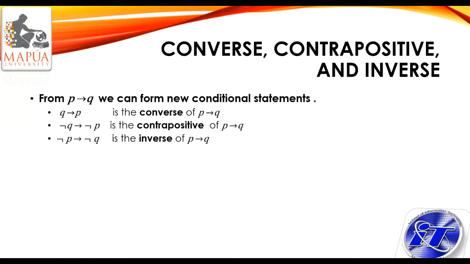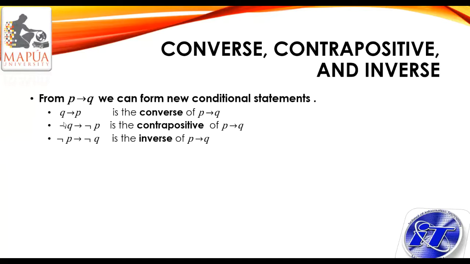If you say converse, the original premise, which is P, will become the new consequence, while the original consequence will become the new premise. So P implies Q will be written as Q implies P in converse. While in contrapositive, we are going to introduce negation on both the premise and consequence of the converse.